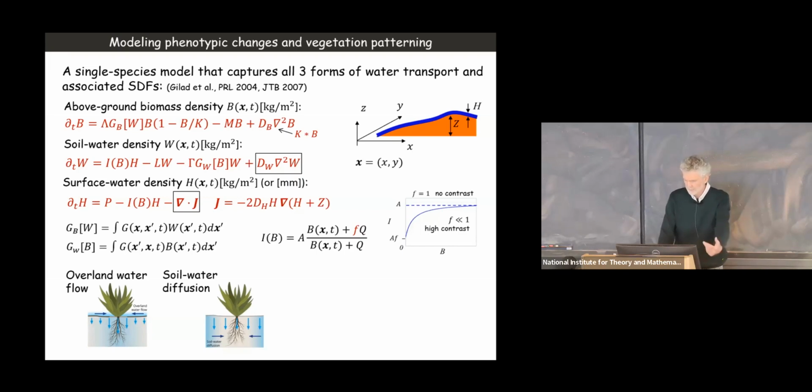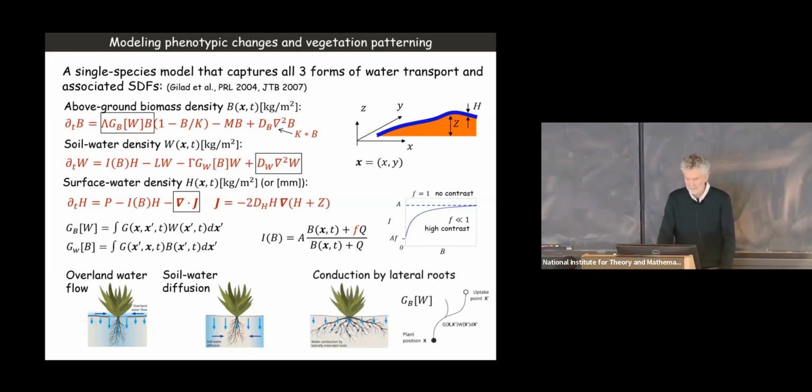So H is the surface water, W is soil water, and B is biomass. And the conduction by lateral roots is captured by the non-local behavior of this growth rate, GB, which is given by this form.